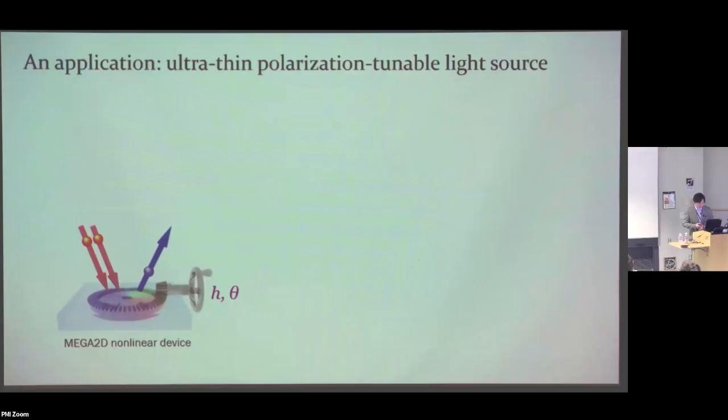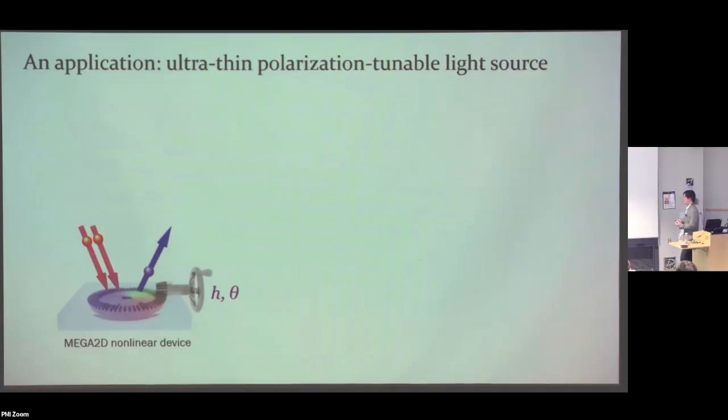But I just also want to mention that this seems to be a mathematical game, right? But we can actually find certain applications of these topological singularities, which is one of these, a polarization-tunable light source.